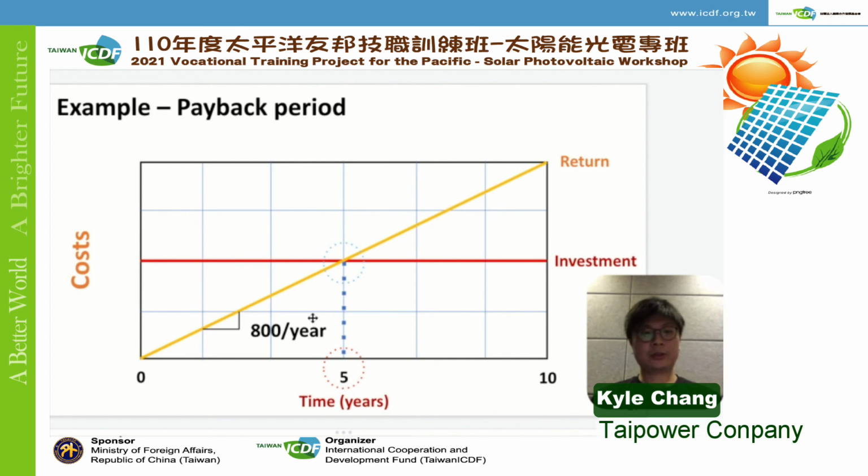In this case, the PV system has a payback period of 5 years. And we have to note that the payback period is not a fixed value, but really depends on a number of factors. The location of a PV system is one of these factors.